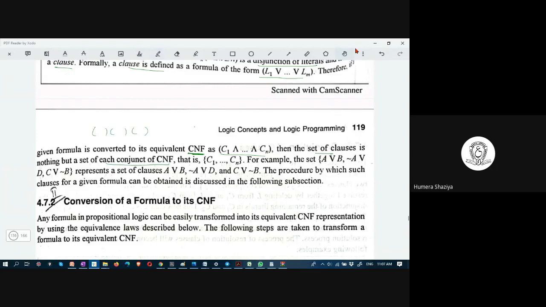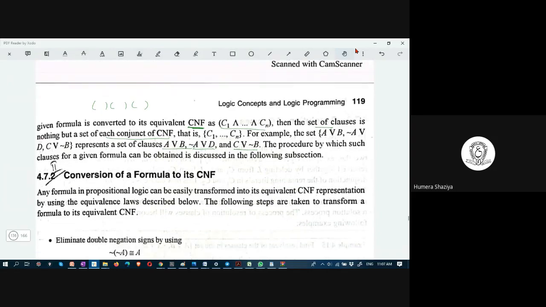For example, the set A or B, comma, not A or D, comma, C or not B represents a set of clauses. A or B is one clause, not A or D is one clause, C or not B is another one, the last clause. And the procedure by which such clauses for a given formula can be obtained will be discussed now, which is conversion of a formula to its CNF.